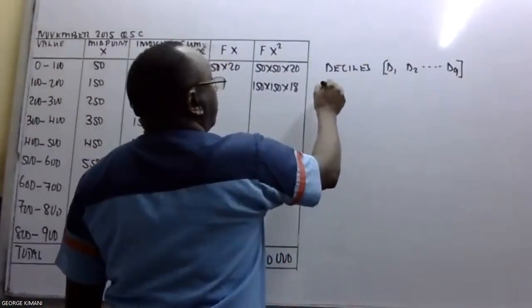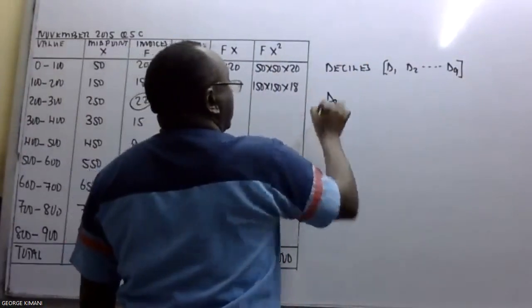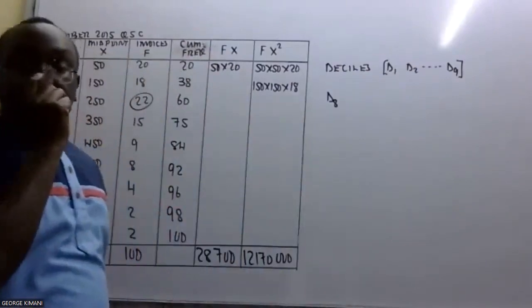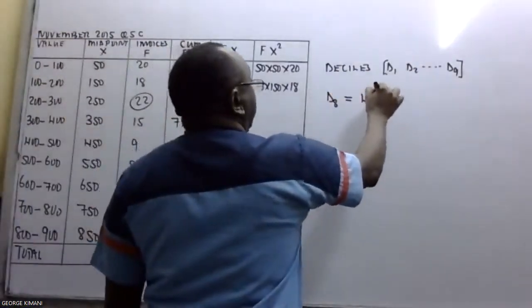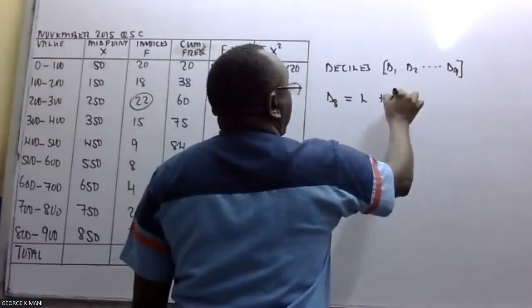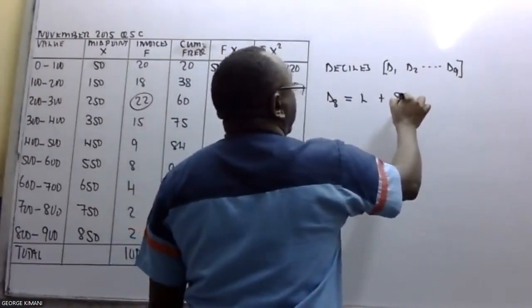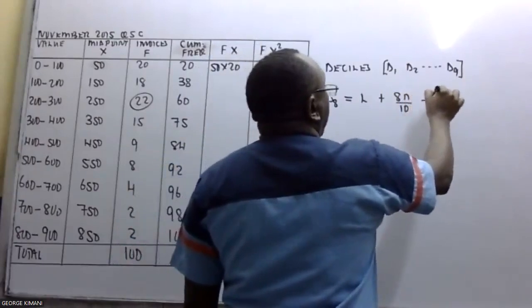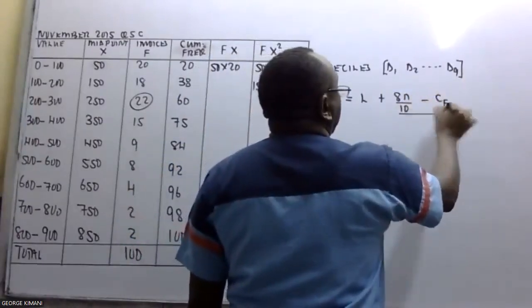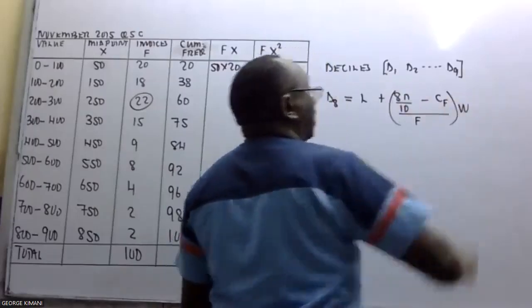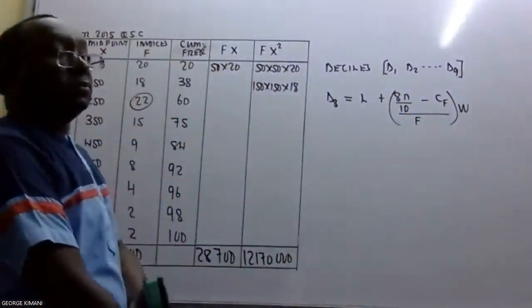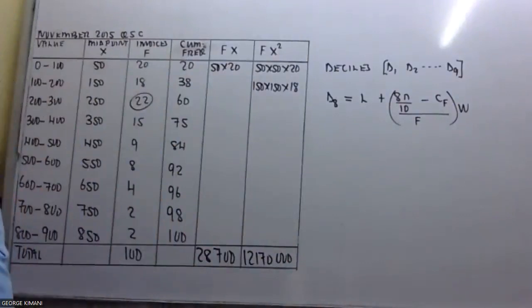So if I want to compute D8, for example, I will talk of L plus 8N out of 10 minus CF. You divide by F, you multiply by W.